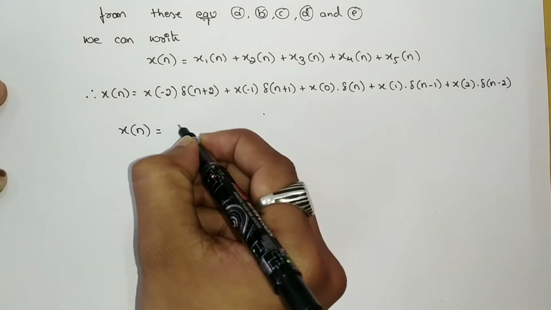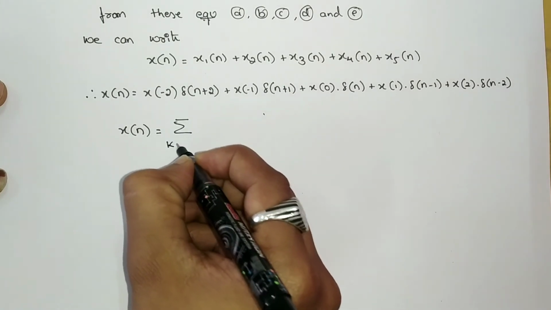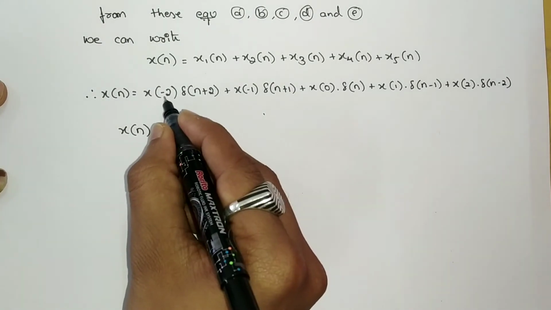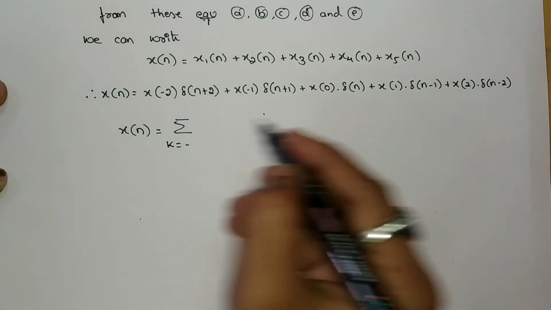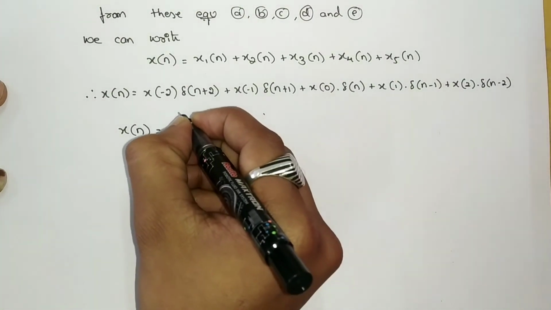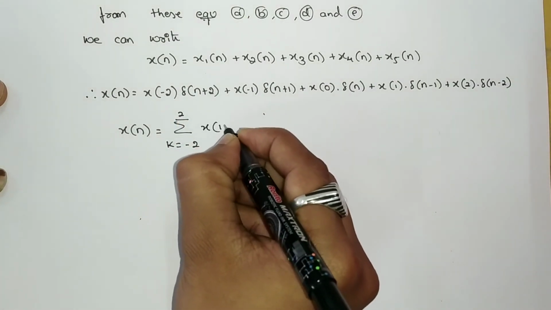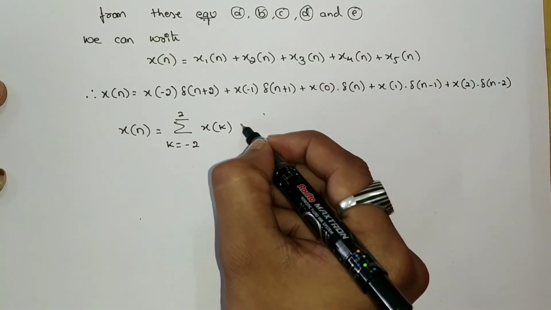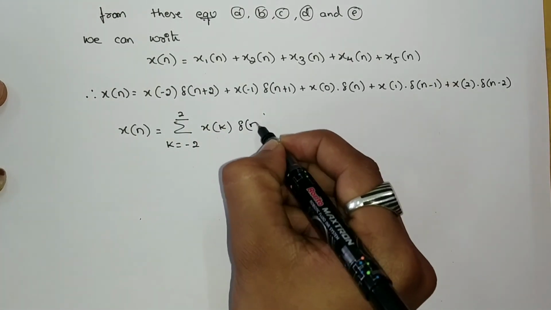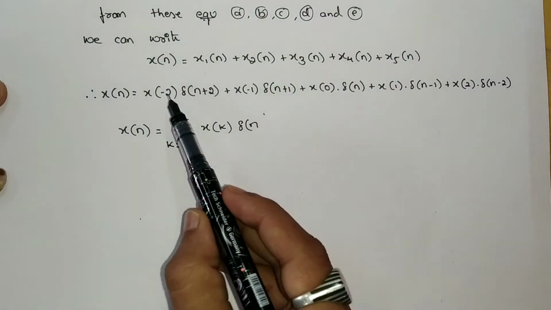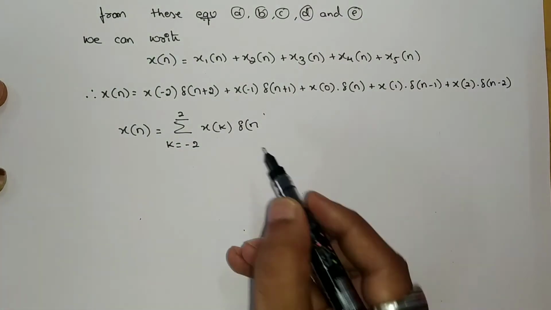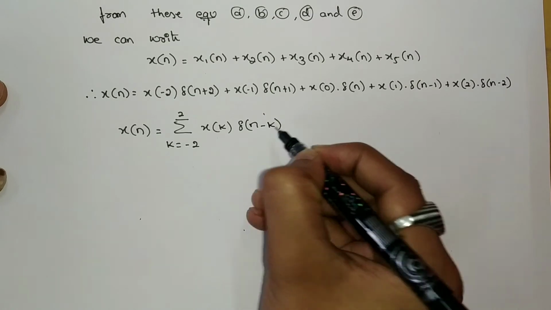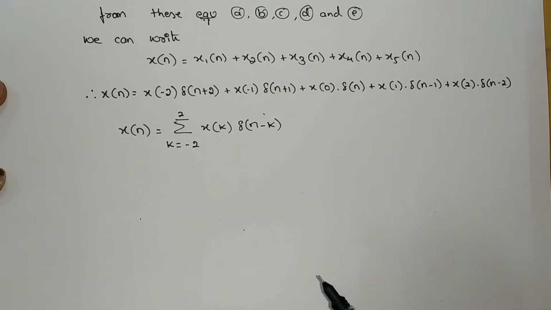X of n can be written as summation of k is equal to minus 2 to plus 2 of x of k and delta of n minus k. Okay.